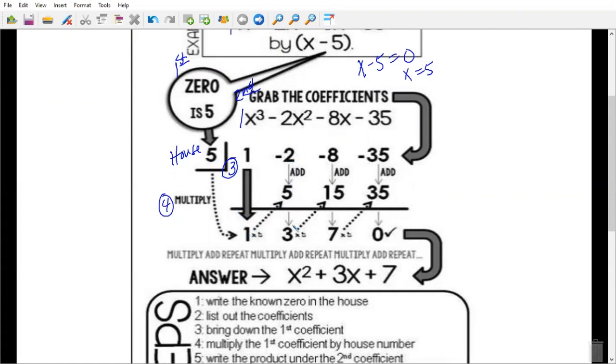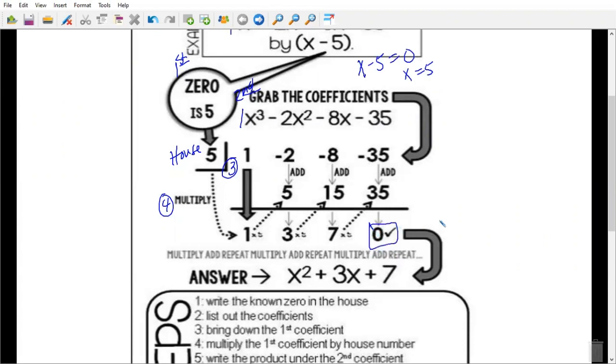So -2 and 5 make 3. And then we have 3 times 5 is 15. Then we add vertically. And -8 and 15 make 7. 7 times 5 is 35. And -35 plus 35 is 0.